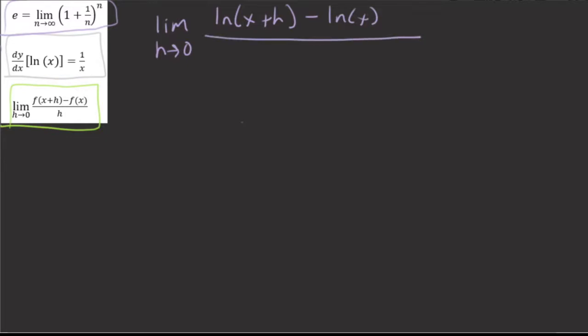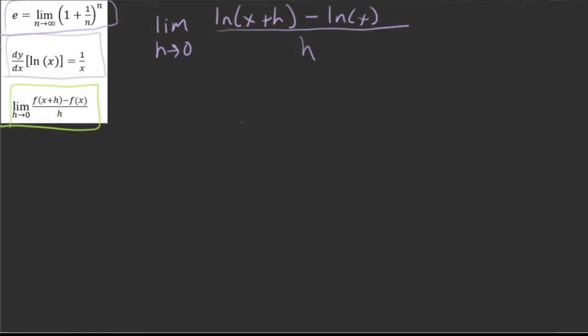So if we were going to be finding the derivative of ln x, our difference quotient would look like this. The limit as h approaches 0 of ln of x plus h minus ln of x, all over h.